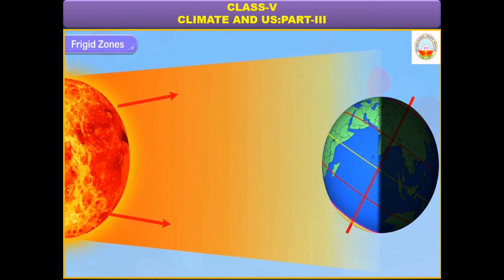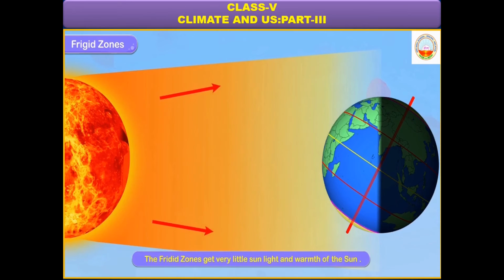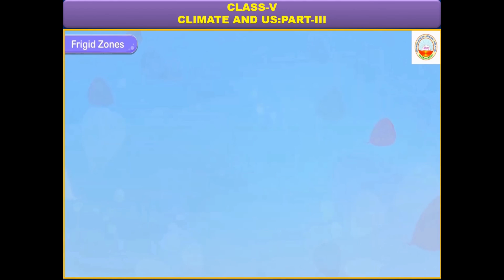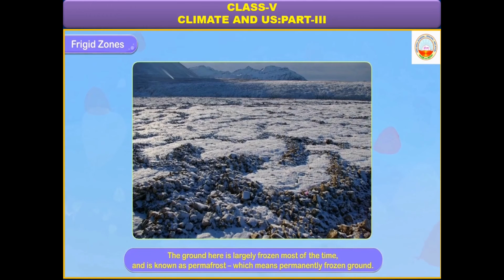The frigid zones get very little sunlight and warmth of the sun. The ground here is largely frozen most of the time and is known as permafrost, which means permanently frozen ground.